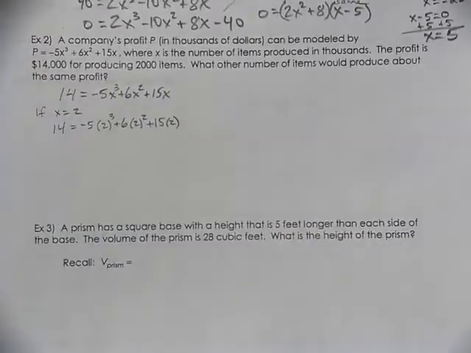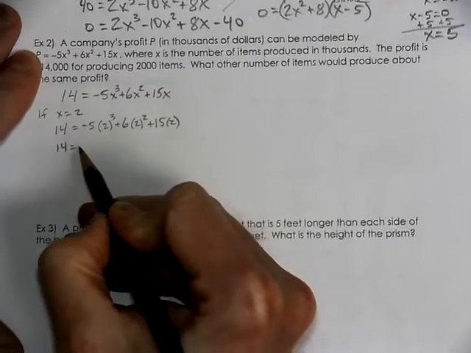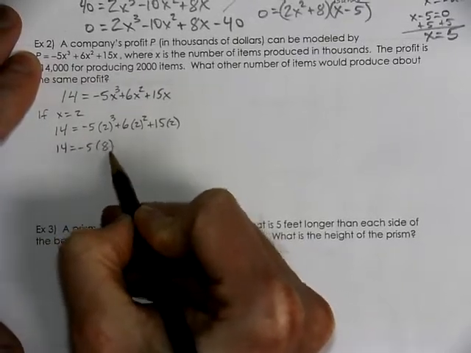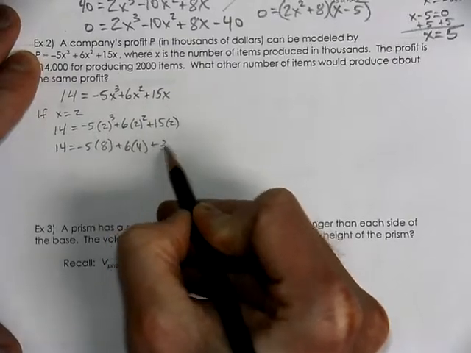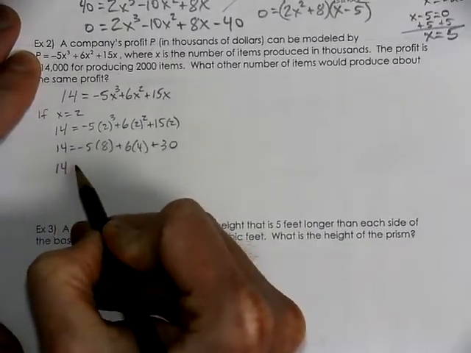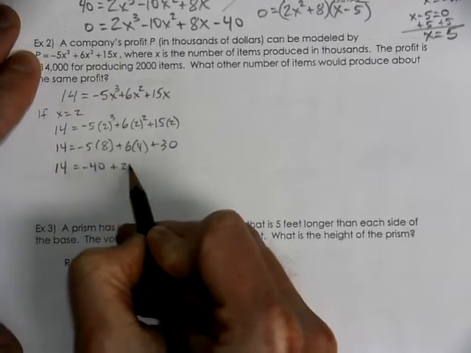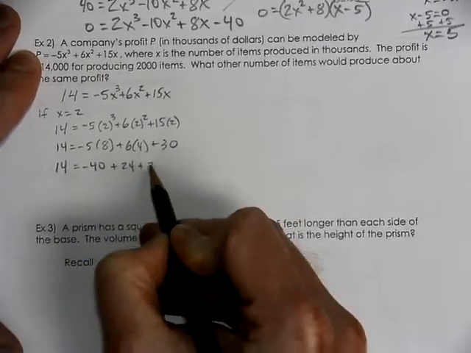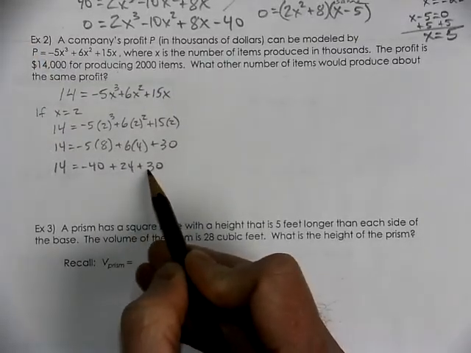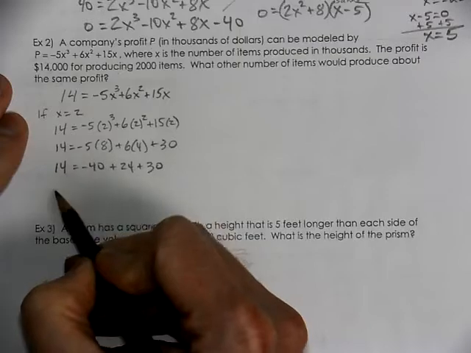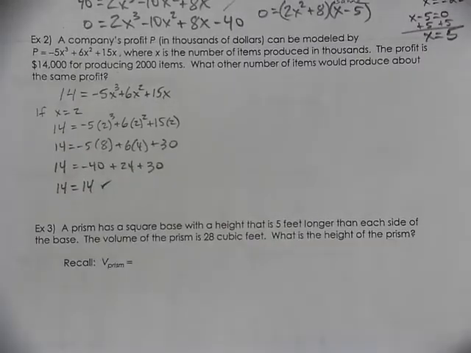So this is negative 5 times 8 plus 6 times 4 plus 30. That's negative 40 plus 24 plus 30. That's 54. Take away 40. That is 14. We knew it was 14.